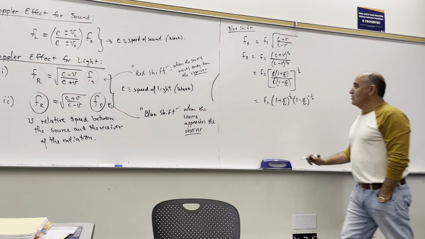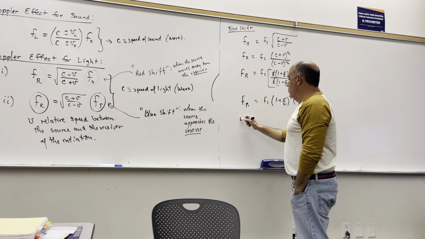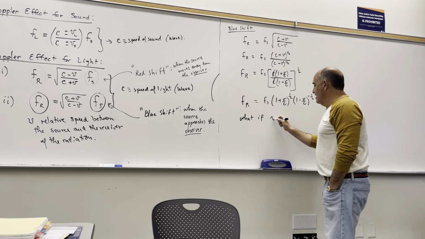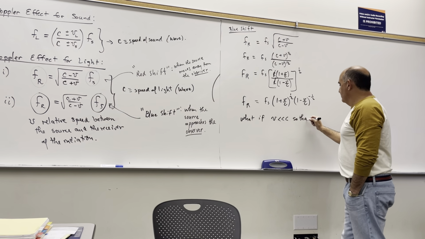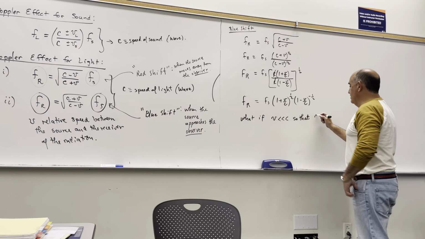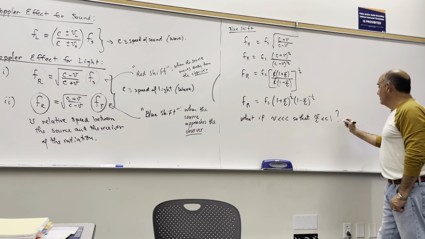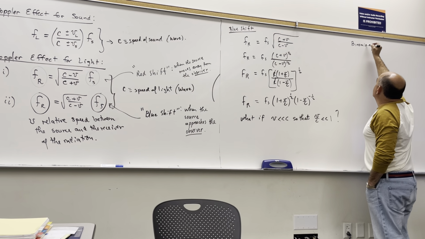And then the question is this. What if v is much less than c, so that this ratio, v over c, is much less than 1? What if we have that? Then you thought you were going to be done with this, right?